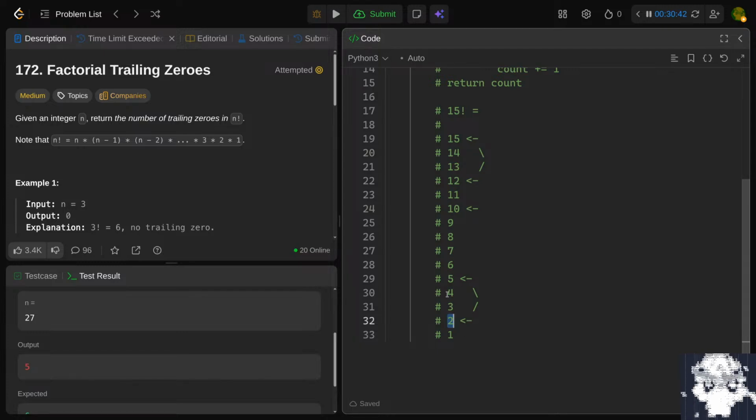So like, this is hard to explain, but like, is it even true? So that would mean 4 times 4 times 4 times 4 times 4 is a multiple of 10.